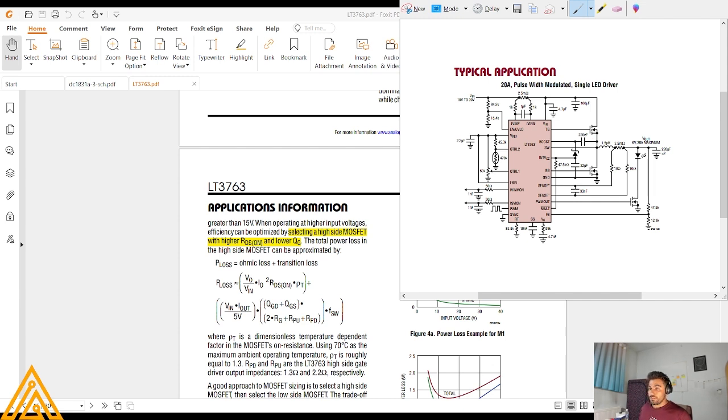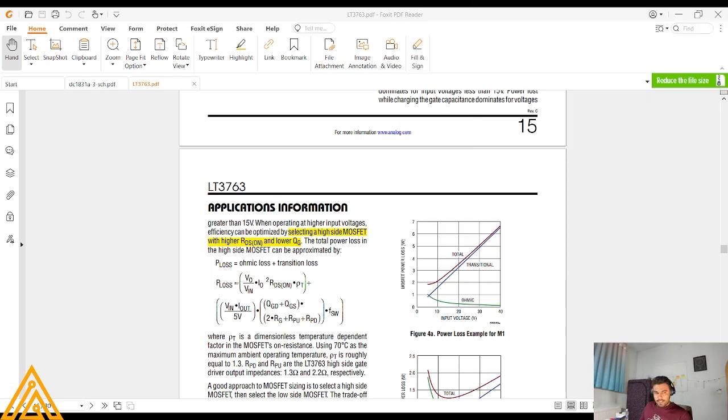So if you don't choose a good MOSFET on this side, you are going to have some power dissipation over this MOSFET, and whenever you want to damp the power into the heatsink, it's going to be so hard.